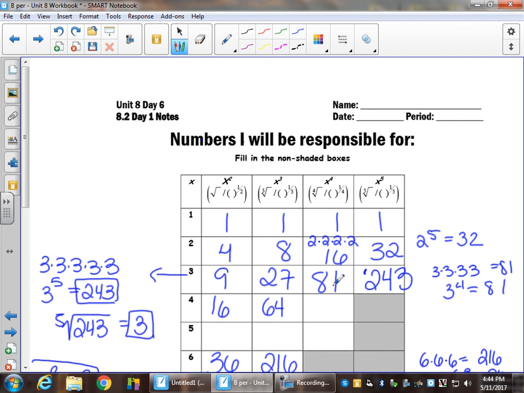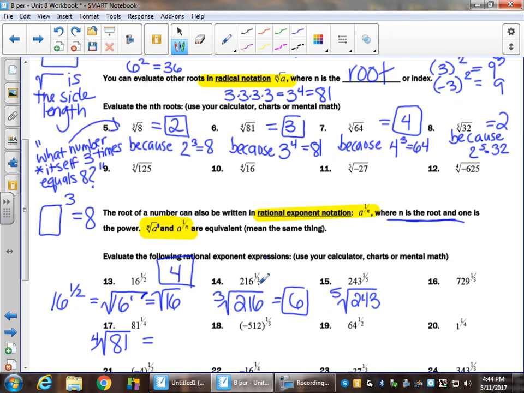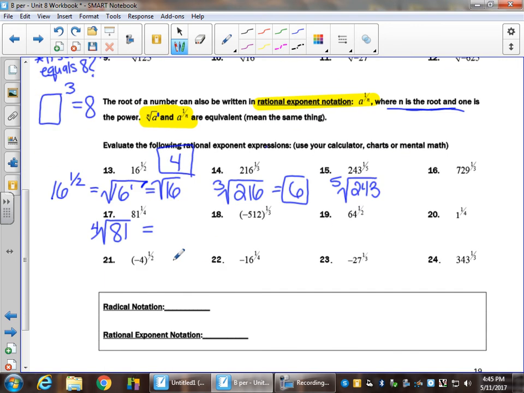I look for 81. There it is. Look left. 3 is the answer. Because 3 to the fourth equals 81.